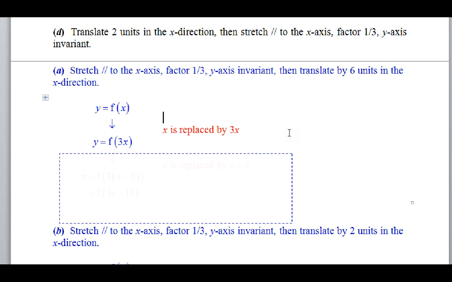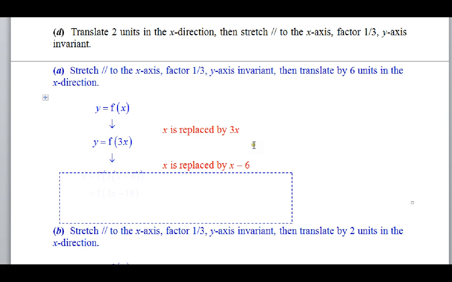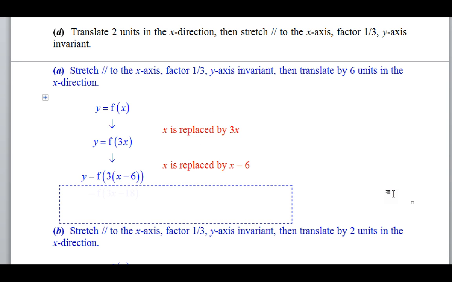So what do we do next? Remember, when we do this kind of thing, it must be very clear. It is a replacement. Replace x with, if it's 6 units, x with x minus 6. Am I right? So how to do the replacement? Be very careful here. I replace the x with x minus 6. Remember the brackets. Very important.